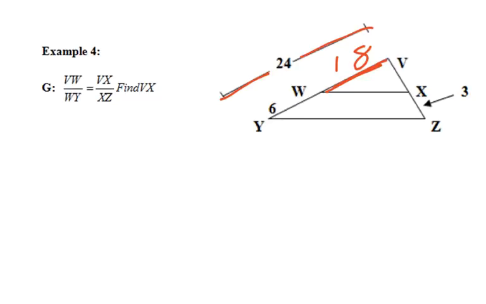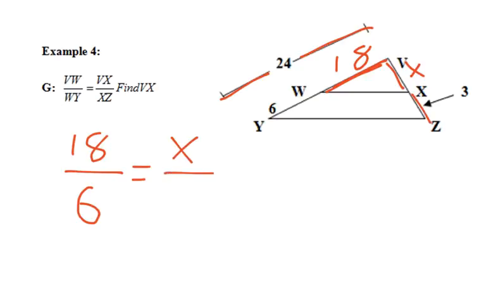So VW is 18 over WY, which is 6, and that equals VX, which is right here, which we do not know, so we're just going to call it X, over XZ, which is 3.